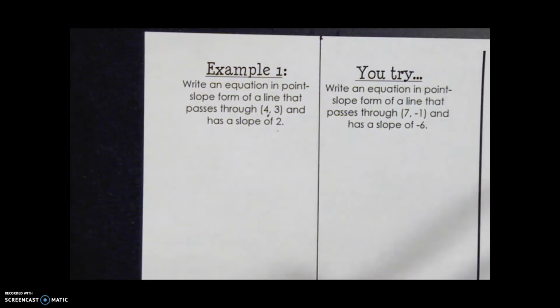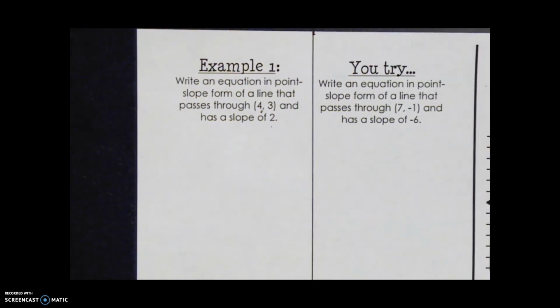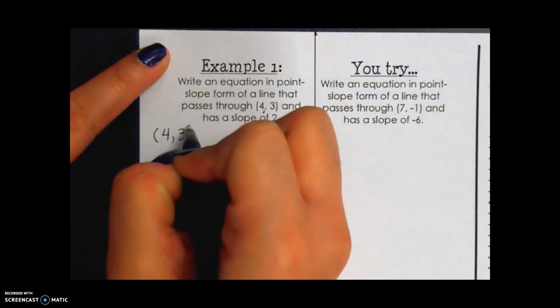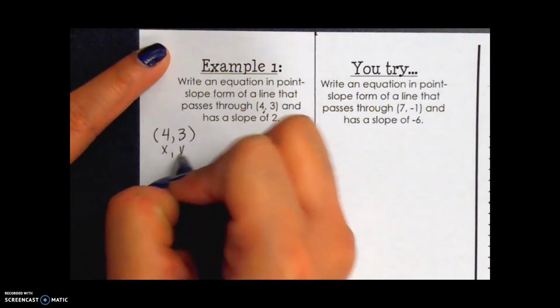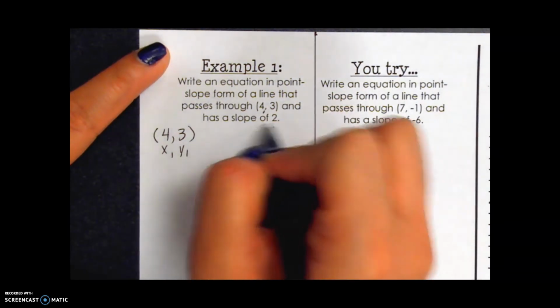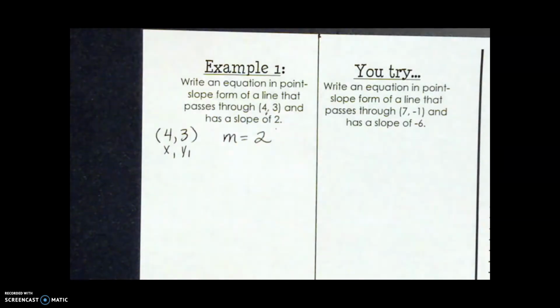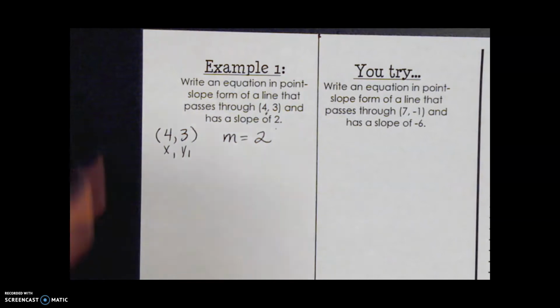Okay, so we have to remember our formula first of all. Well, let's just identify the point first. (4, 3), that's our x1, y1, and our slope of 2, that means m is equal to 2. Well, remember that formula I told you to put a bunch of stars around.